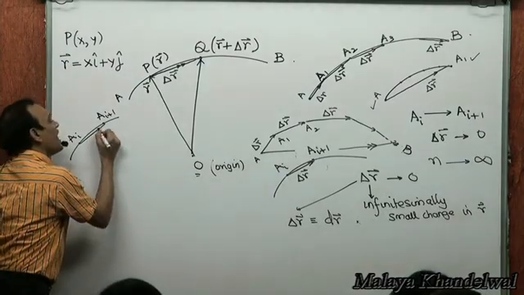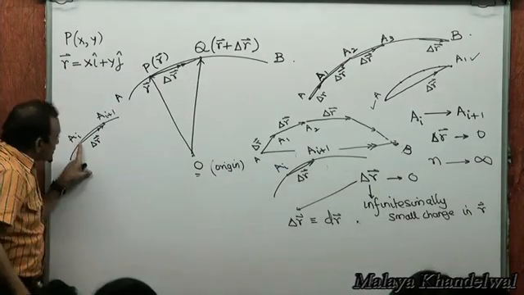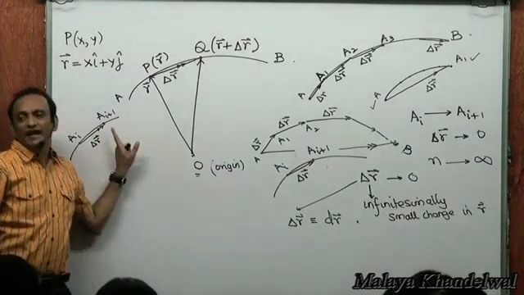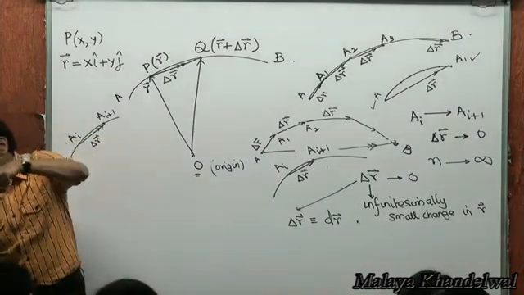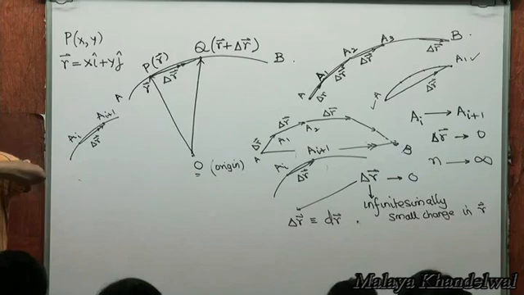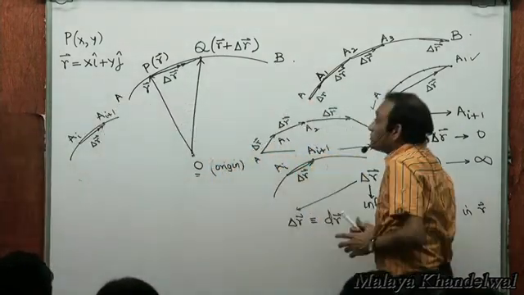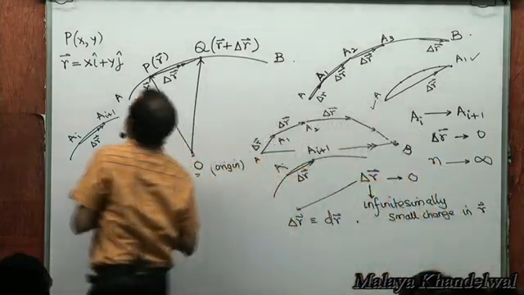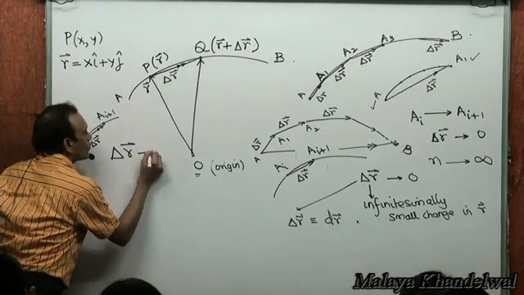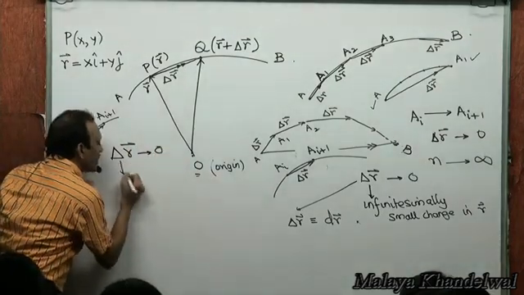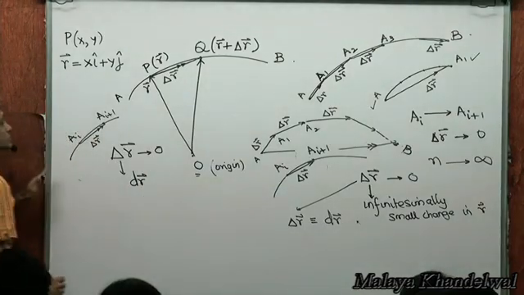While this delta r takes me from a point ai to ai plus 1, skipping several points in between, mathematically what really happens is, as delta r tends to 0, that means delta r becomes dr, an infinitesimally small change.